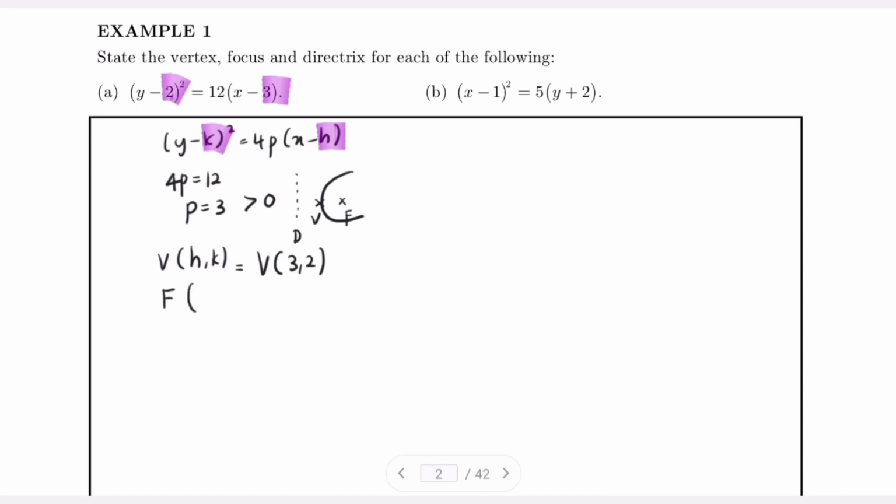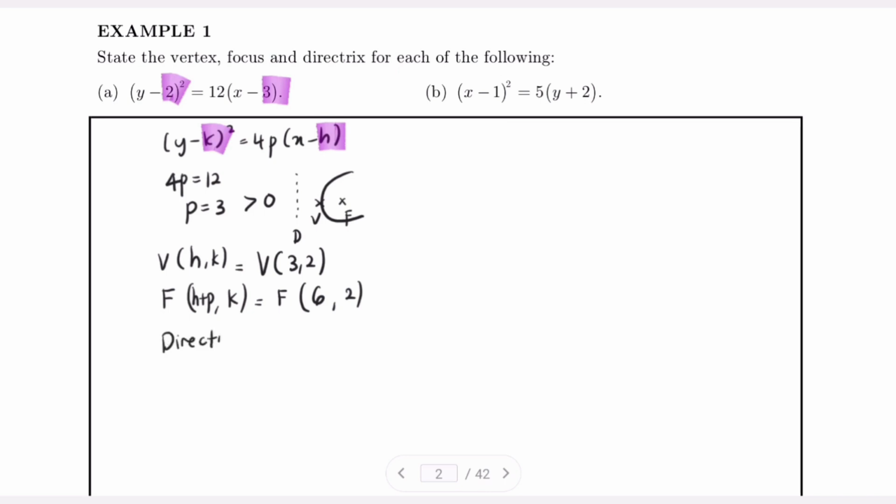For the focus, like I said before, k will remain the same, so we add p to the h. Write down the k first. So h is 3, plus 3 is 6. So our focus is 6, 2.